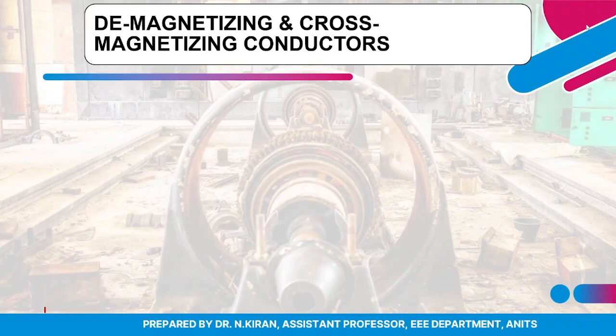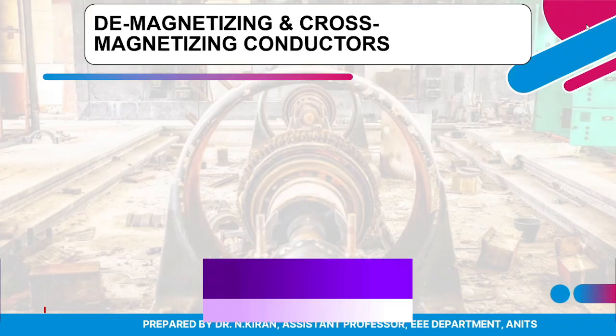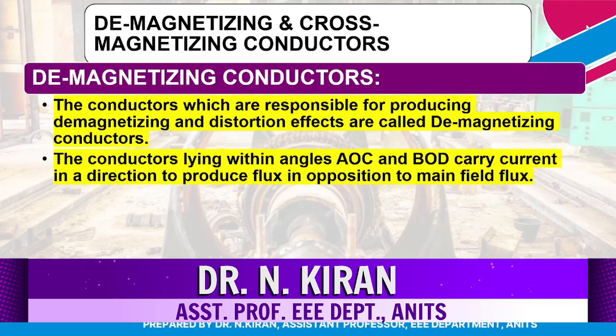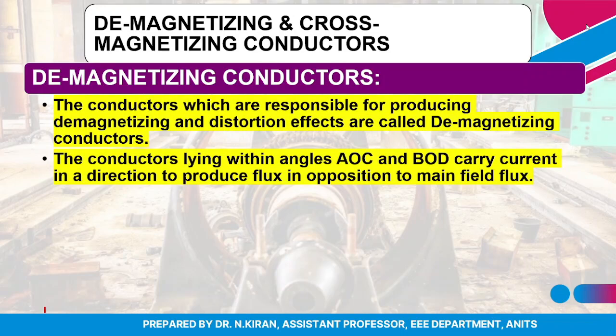So what are these demagnetizing and cross-magnetizing conductors? The demagnetizing conductors are the conductors which are responsible for producing demagnetizing and distortion effects. These conductors lie within the angle AOC and BOD, which carry the current in a direction to produce flux in the opposite direction as that of main field flux.